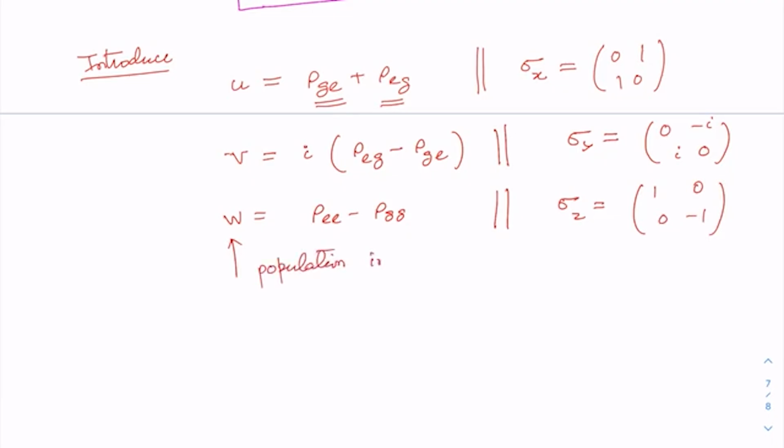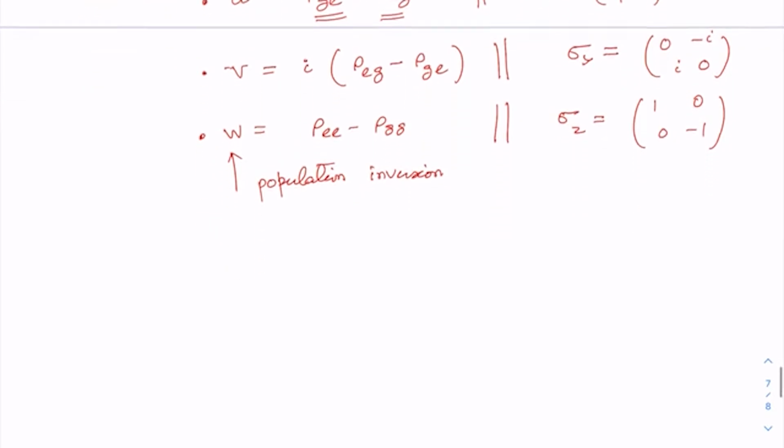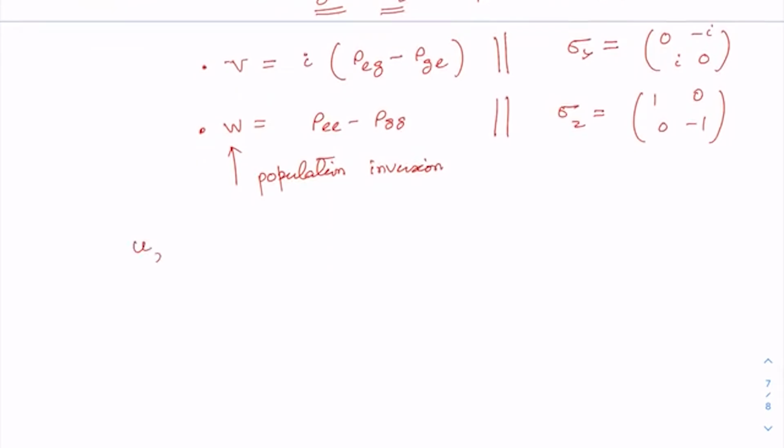Using this, these are called Bloch vectors again, and obviously they are related to these Pauli matrices. So u, v, w are also known as Bloch vector.